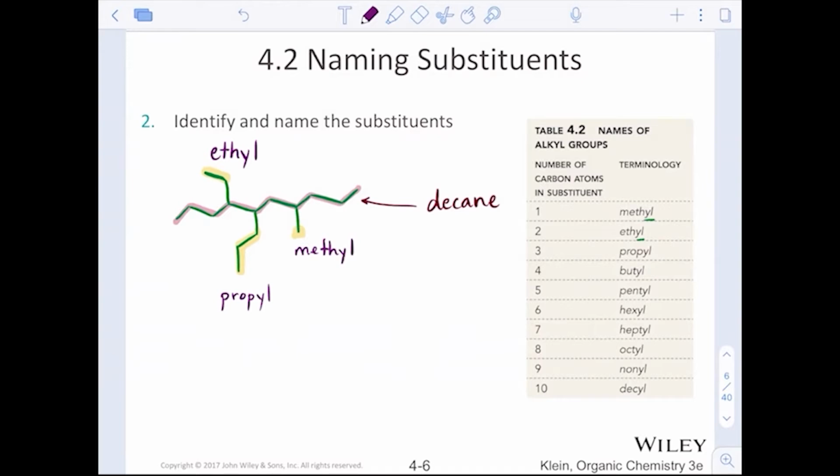So being able to look at those substituents now, after I've located the parent and I've located the substituents and named everything, all of the carbons should be highlighted. That's what we want to be able to see. And how we differentiate substituents from the parents: parents get the ending ane, the substituents get the ending yl.